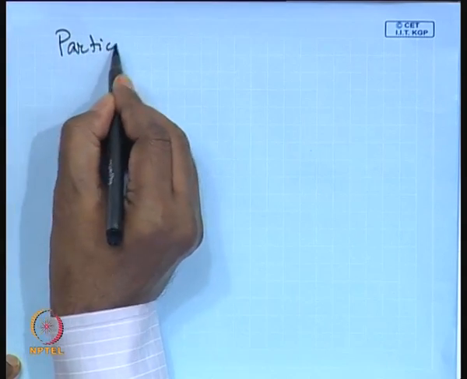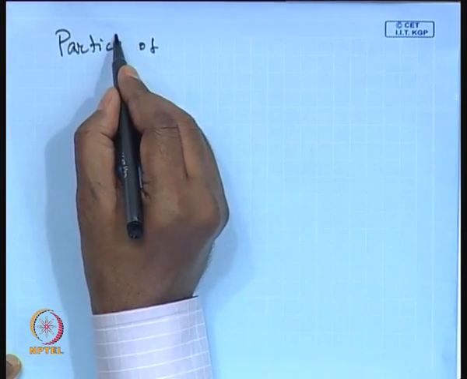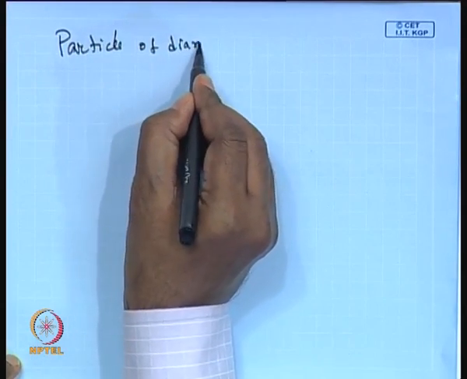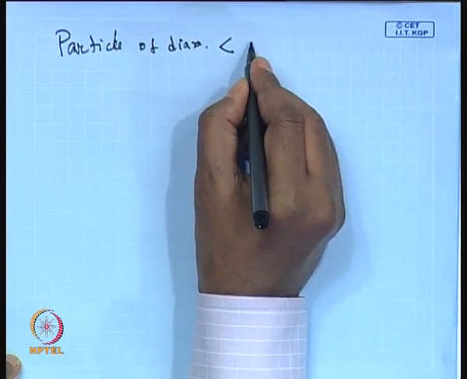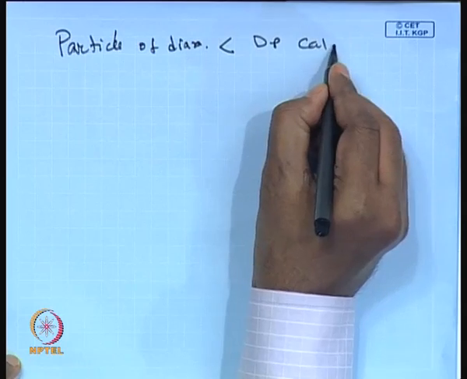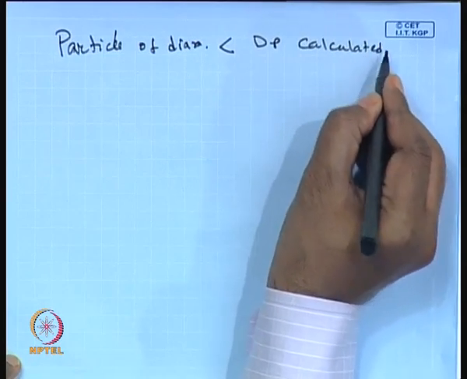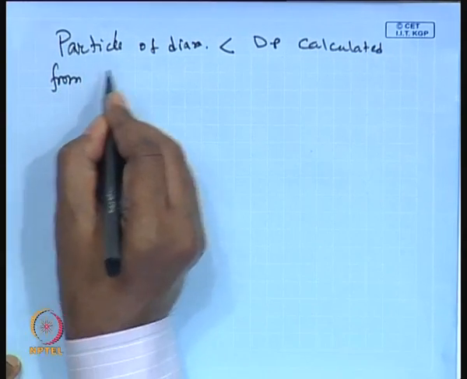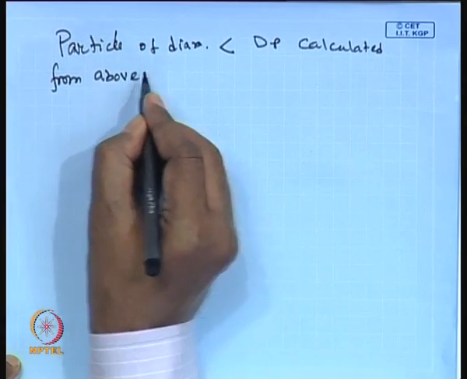So, the conclusion, the interpretation is: particles of diameter smaller than dp calculated from the above equation.